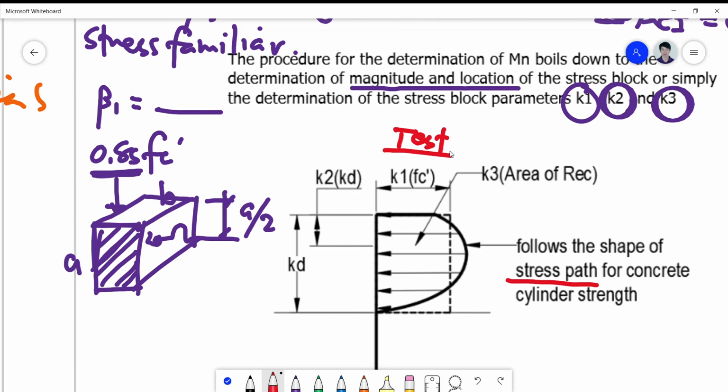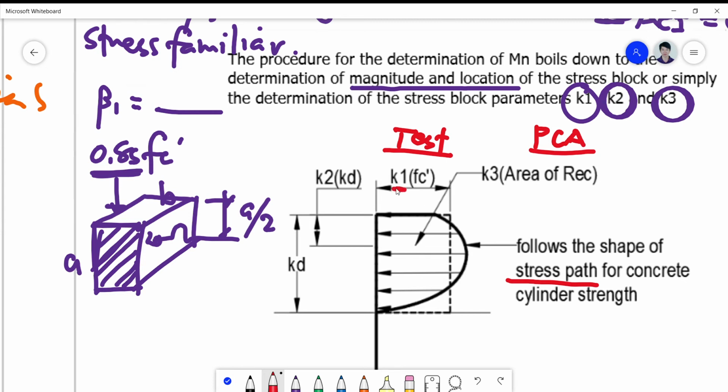Okay, so what we will do is we simply make use of first maybe PCA, the Portland Cement Association, as the basis for our stress block parameters. So K1 has something to do with the value of your what? Your equivalent. Okay, equivalent, average, you can make it the mean, the average, the equivalent stress on the concrete that will represent your actual stress path.